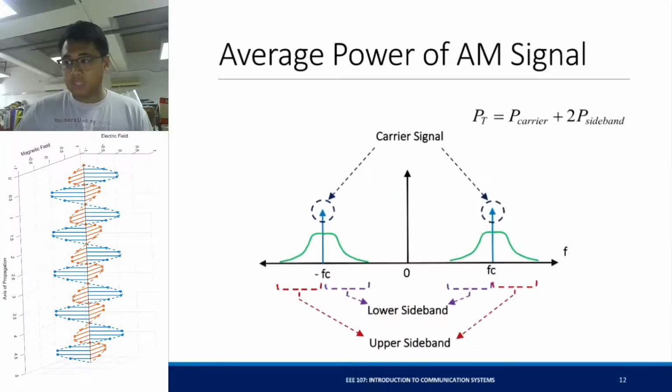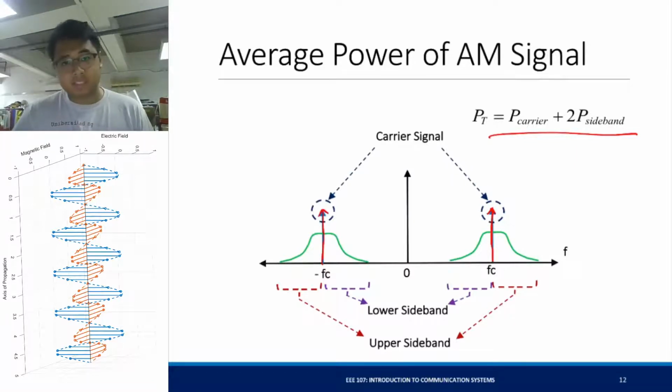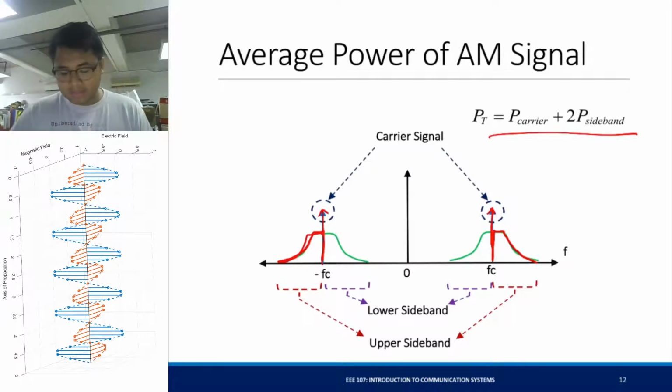So we can actually try to visualize that. So the power is equal to this. This is the spectrum of AM. The DC component earlier that was added and translated to a higher frequency, that is the carrier signal. And half of your message signal right here, outlined in red, that is your upper sideband.